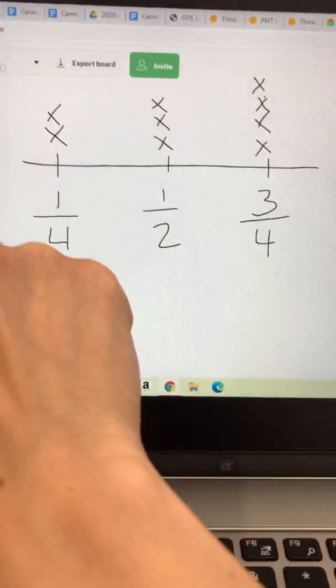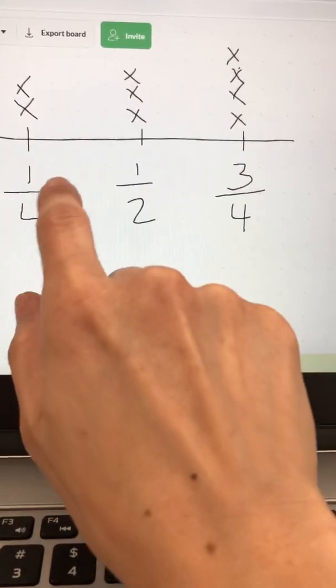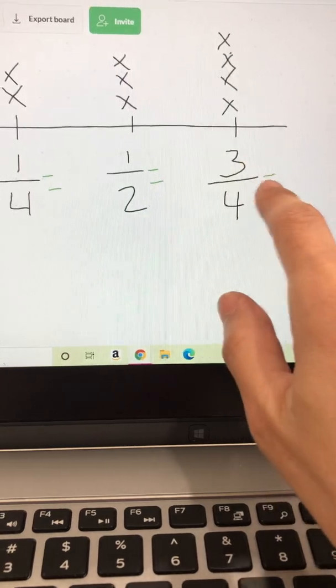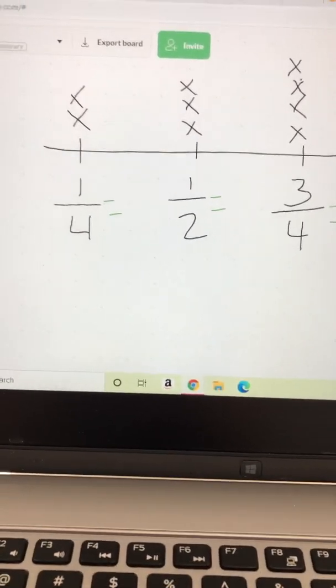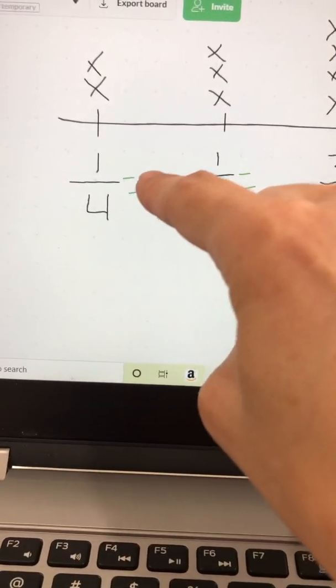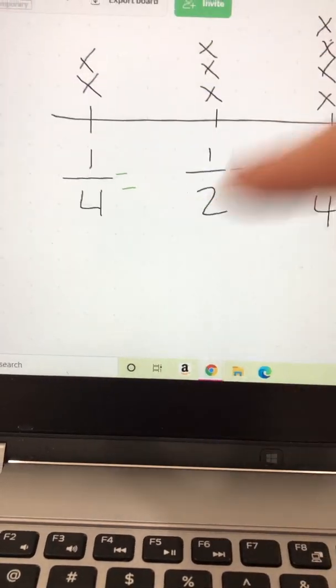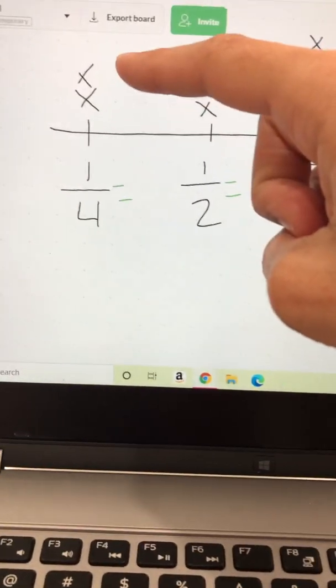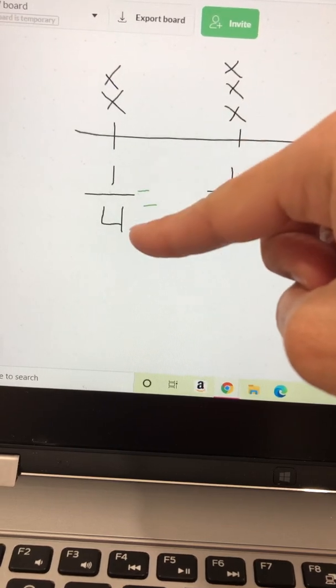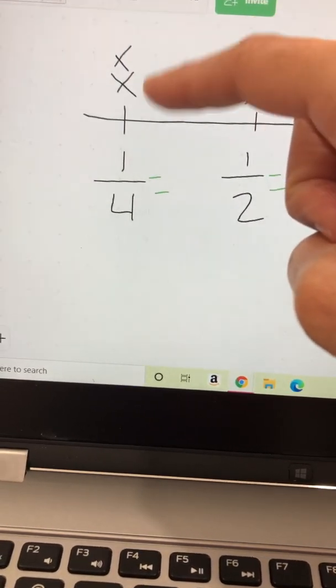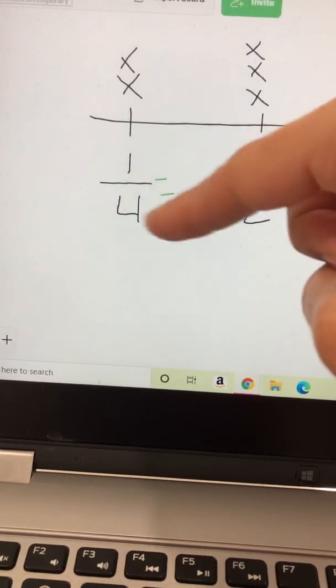Now remember that here, let me use a different color, equals, equals, equals, right? So in order to figure out what the sums are, the totals, to then add up everything, we first have to add the 2 x's for the 1/4, right? So remember that each x is worth whatever fraction is down here.